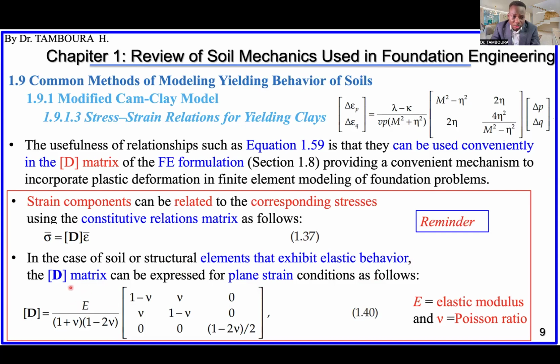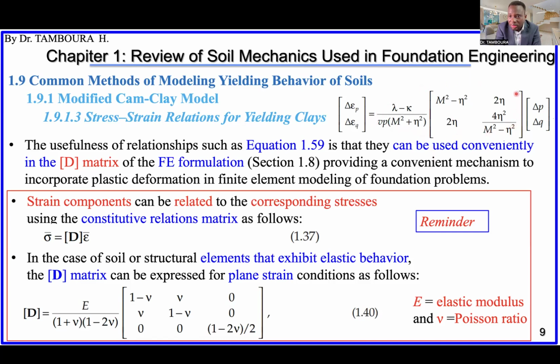We gave an example of a D matrix for an element that exhibits elastic behavior in plane strain condition. As you can see, this looks similar to this matrix.